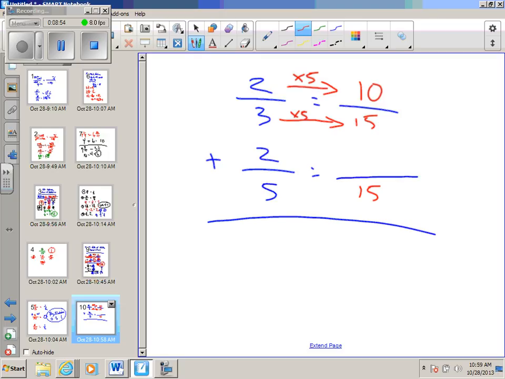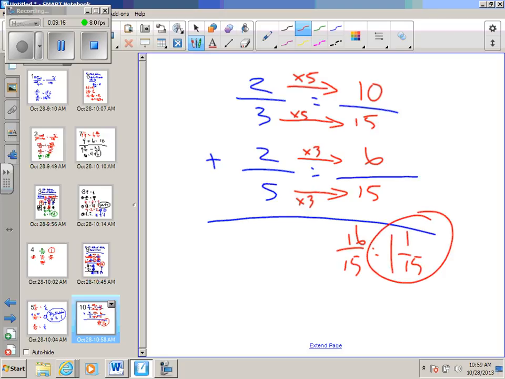You can pick whatever number you want. In this case, I can't really pick whatever number I want. I have to kind of work with whatever was given. So 5 times what is 15? So 2 times 3 becomes 10 plus 6. 1 and 1/15.